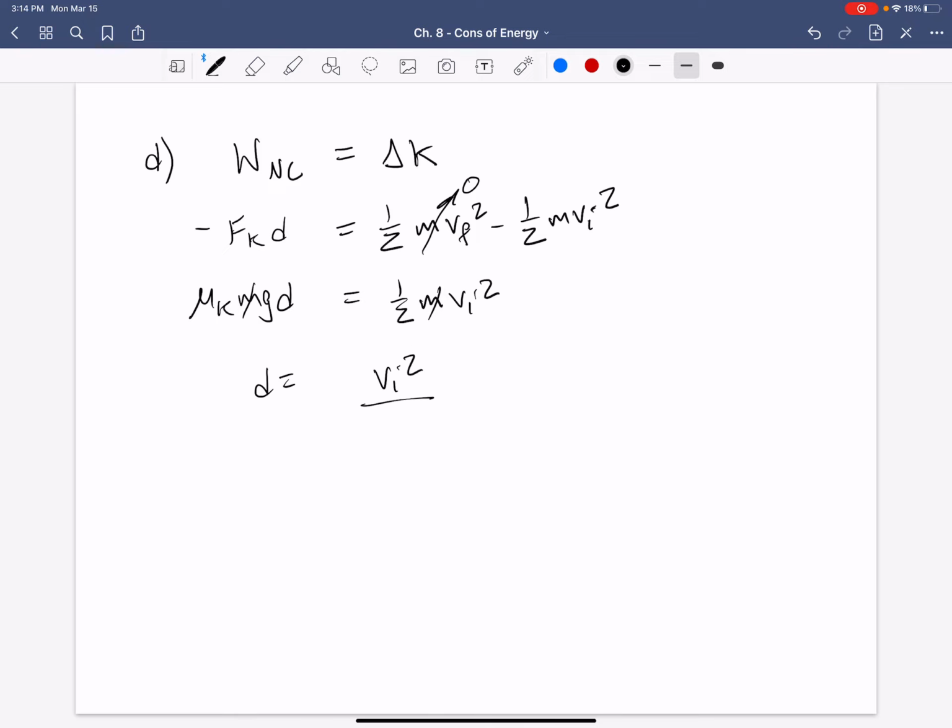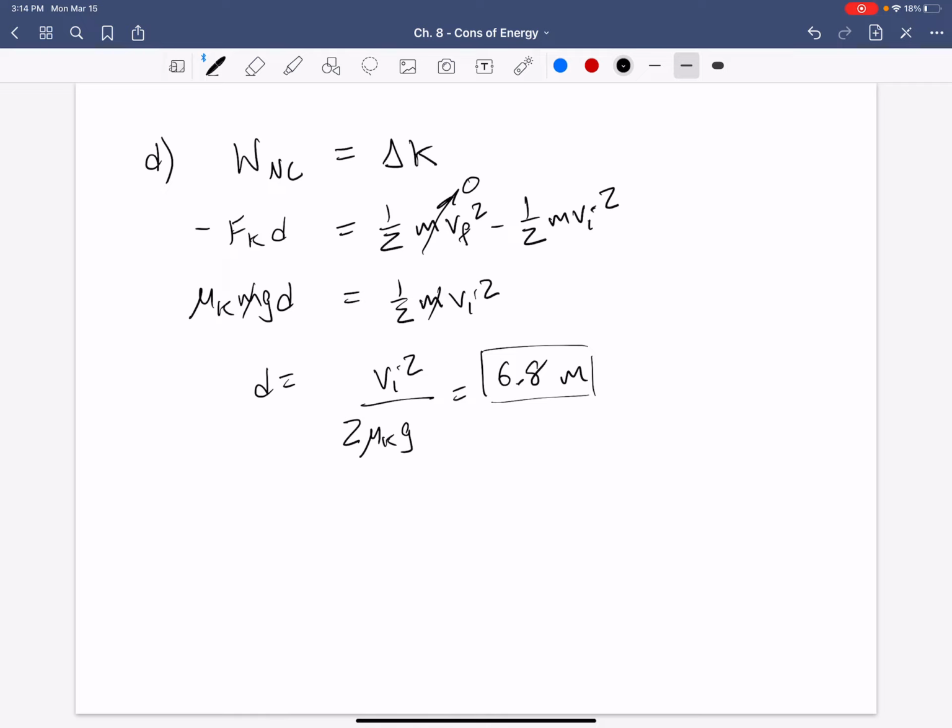That's initial speed squared divided by 2 times mu k g. Plug in those values. We should get a distance of 6.8 meters. And it turns out that that's just past halfway along that track.